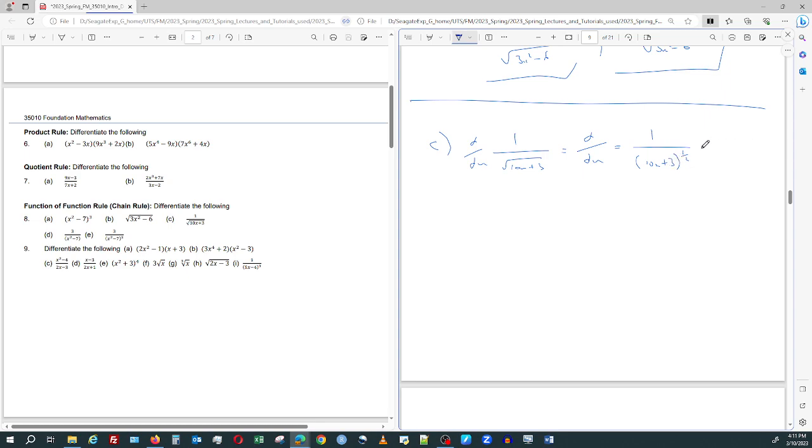And finally, d dx. Oops. Broke my own cardinal rule, didn't I? Do as I say, not as I do. And then we'll bring the negative a half up.